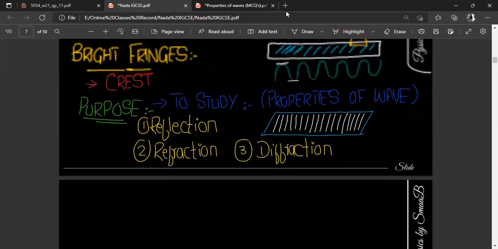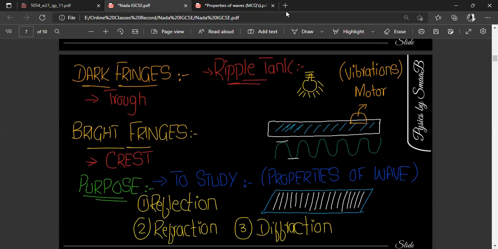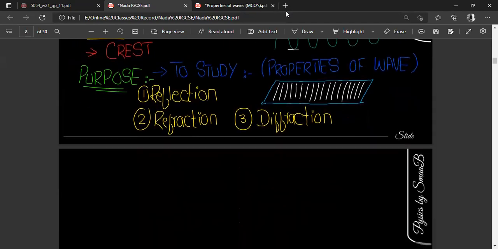Now, if we want to study all these properties in the ripple tank, any confusion in this setup? You want to ask anything? No. Okay. So let's discuss the reflection of waves.